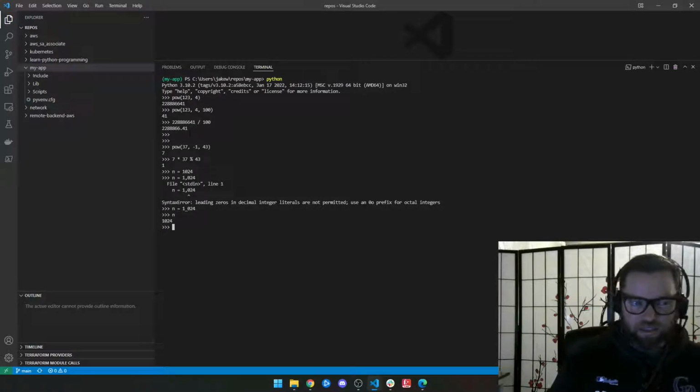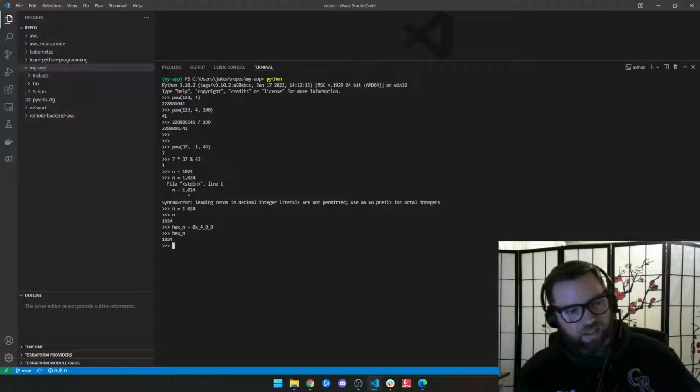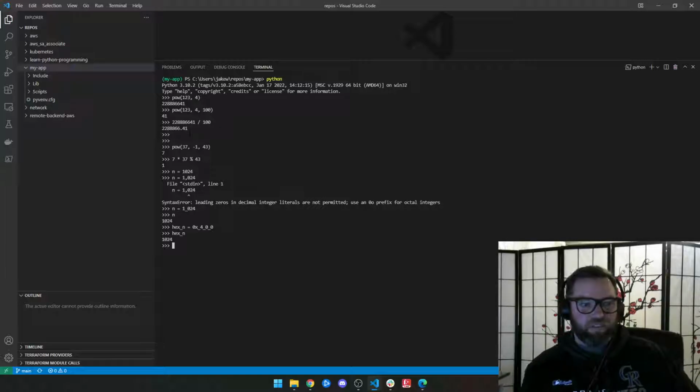It makes it easier to count how many commas it has to figure out what that number is. So if you took a giant number, like hex_n equals 0x_4_0_0, and then I said, give me back hex_n, it's 1024.